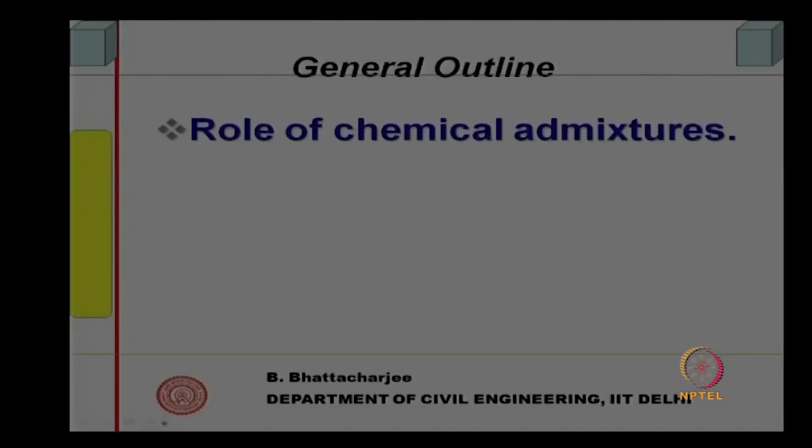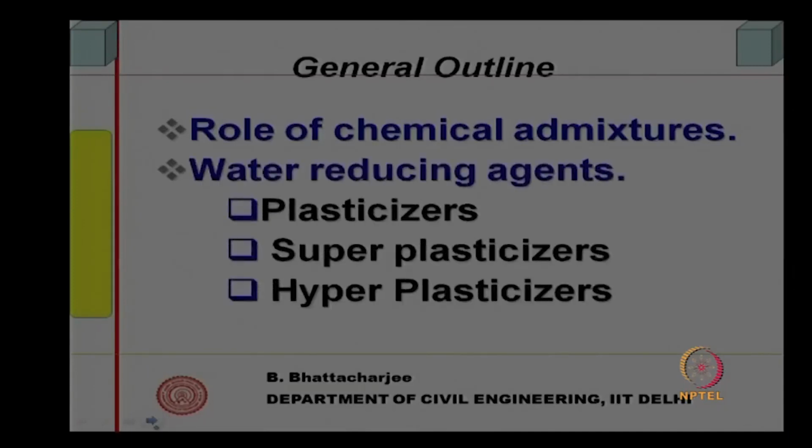Our discussions today will follow. First, we will look into the role of chemical admixtures, and largely we will be concentrating on water reducing agents today, which are called plasticizers, superplasticizers and hyperplasticizers.